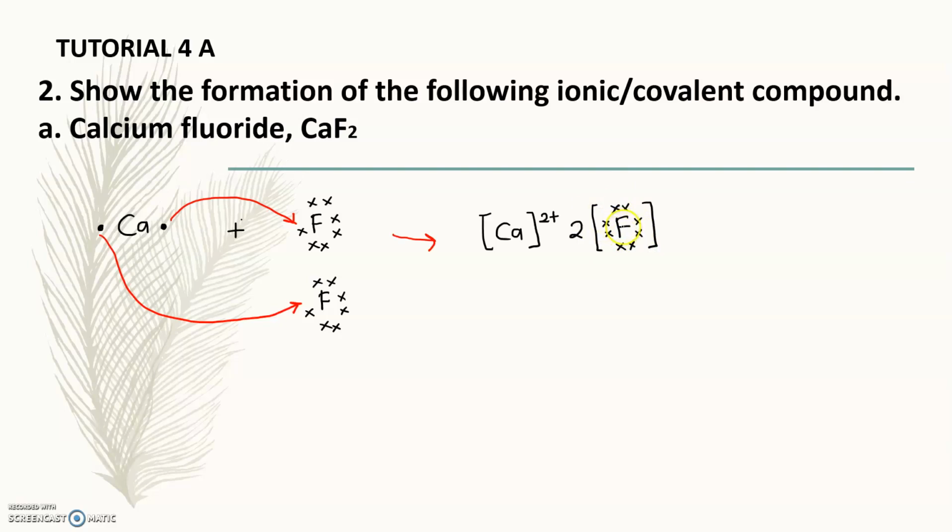Since 1 fluorine atom accepts 1 electron, the charge is negative, an ion, and then you must draw brackets. This is the formation process of how calcium and fluorine form an ionic compound. You must show the electron donation, the electron accepting, and the forming of the compound, calcium fluoride.